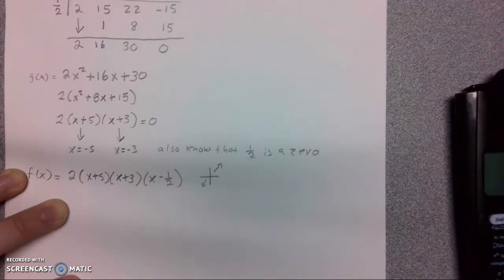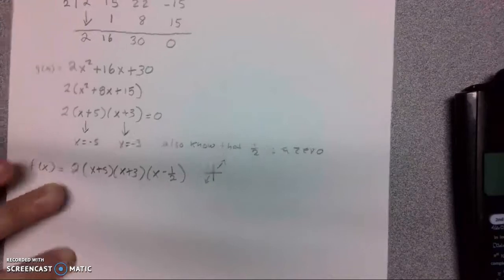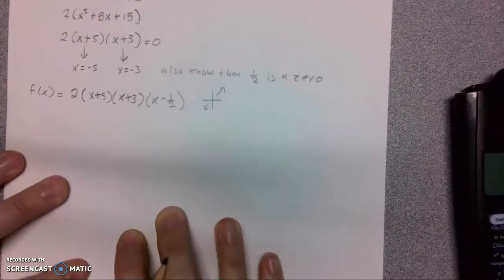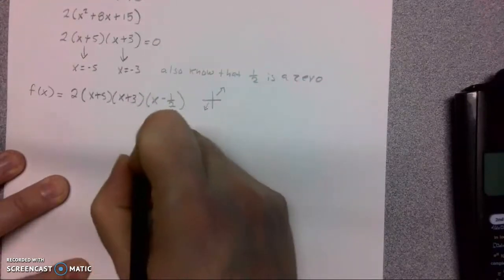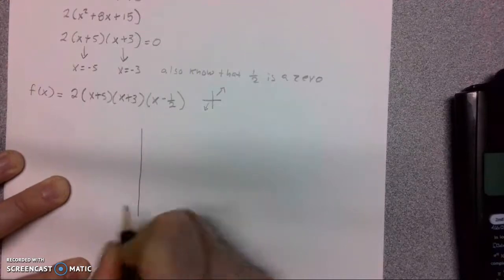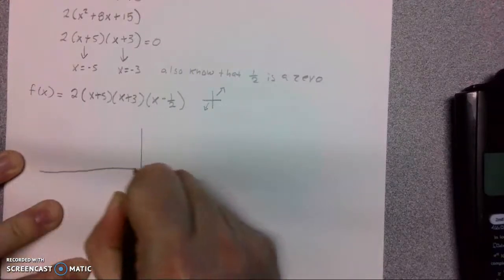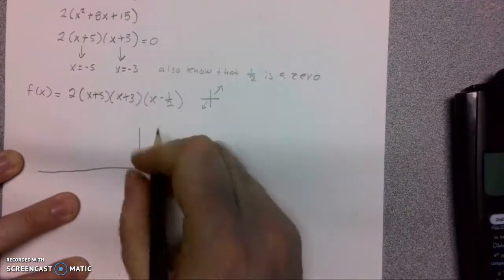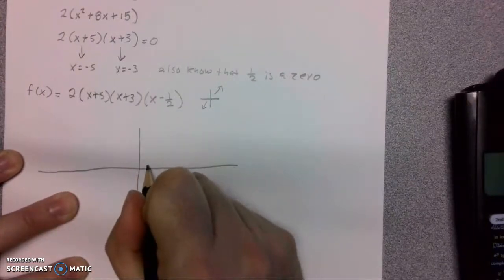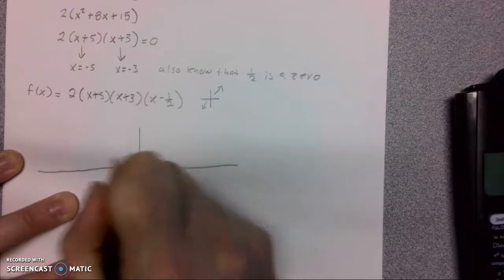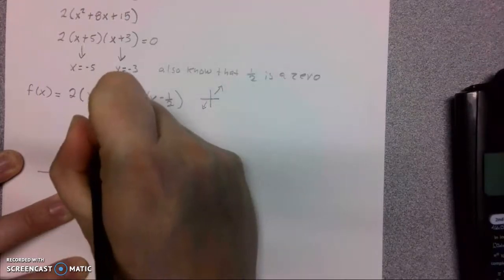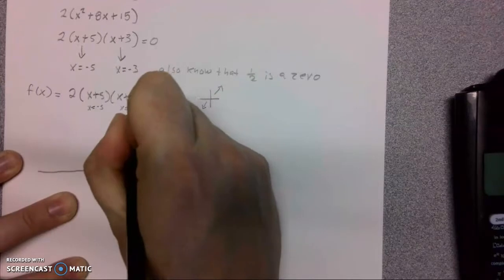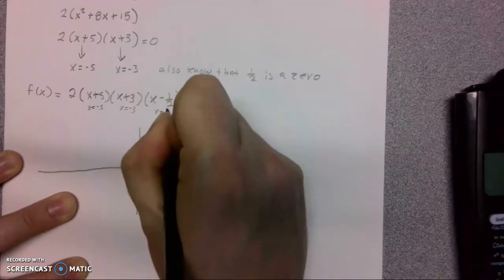So here are things that I know. Now I'm going to have to use some test points to figure out what happens to my graph. So I'm going to just sketch a graph real quick here. Excuse my line. So we're going to have x is -5, -3, 1/2.